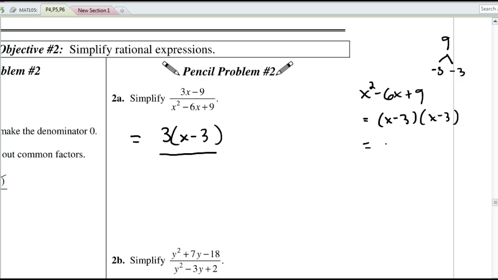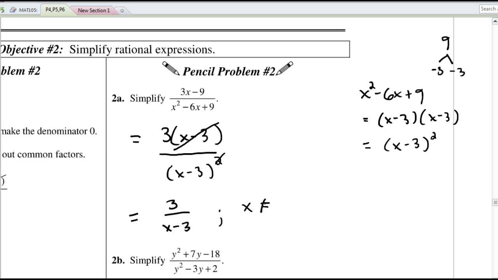I know I skipped a couple steps there, but you should try and fill in the gaps to help you with your factoring practice. So the bottom is going to turn into x minus 3 quantity squared. So we can cancel one factor with the exponent here, and our final solution will be 3 over x minus 3. There's no exponent besides 1 now, so we can just leave it like that. And remember, the value we're excluding here is just x cannot be equal to positive 3.